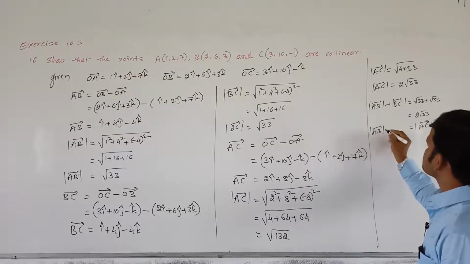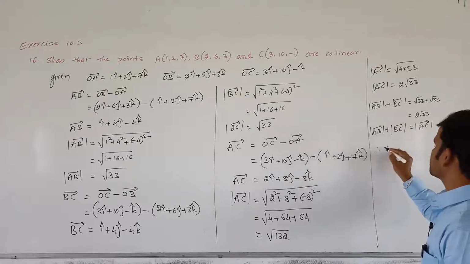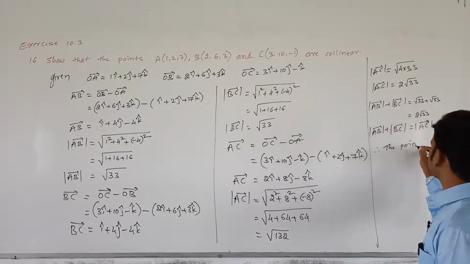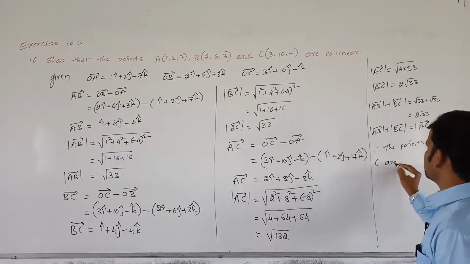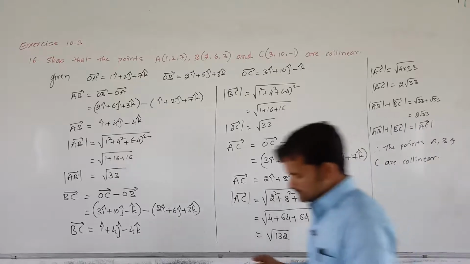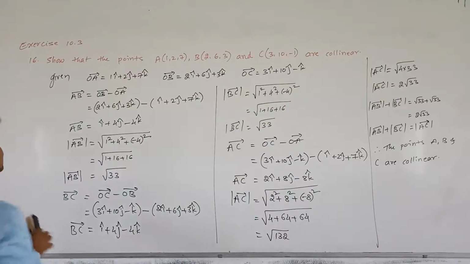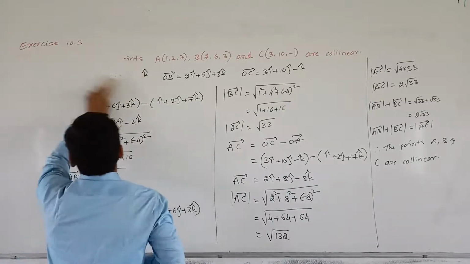AB plus BC is equal to AC. Therefore, the points A, B and C are collinear. This is about problem number 16 in exercise 10.3.